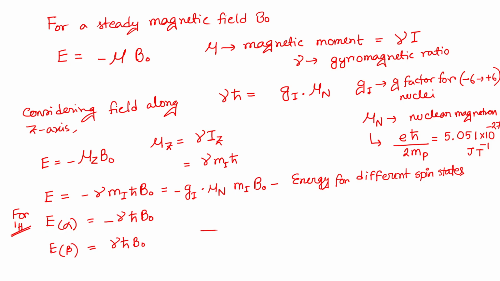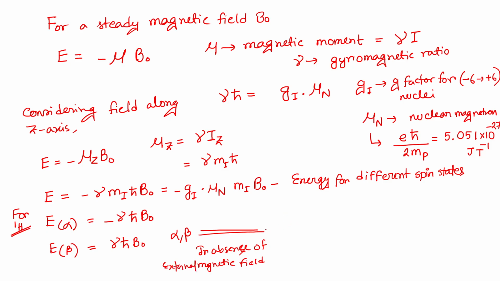So in absence of an external magnetic field, alpha and beta are degenerate.